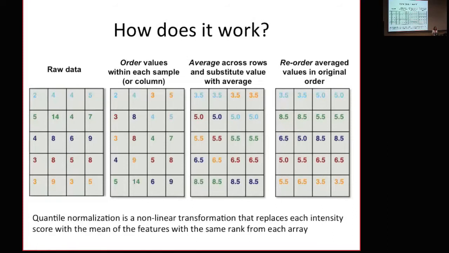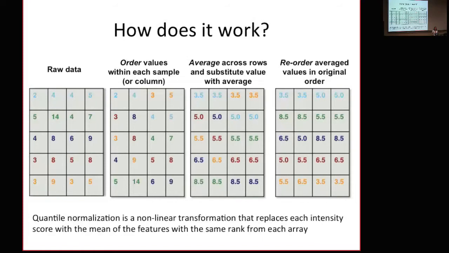So sample 1 with all of the methylation levels for all the different CpGs, and then column 2, which is sample 2 with all the methylation levels for each CpG, and so forth. Okay, to apply quantile normalization, it's basically 3 steps. You order the values inside of each column, average across the rows, and substitute the value with the average, then reorder the average values in the original order. That's it. That's quantile normalization.